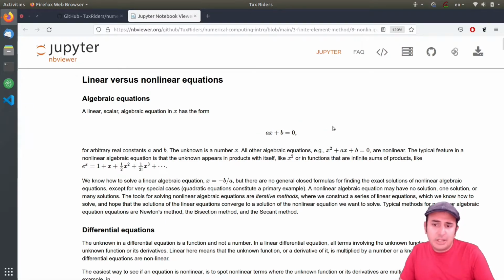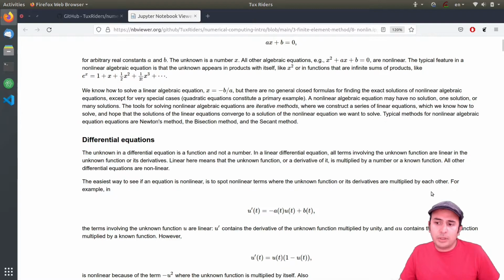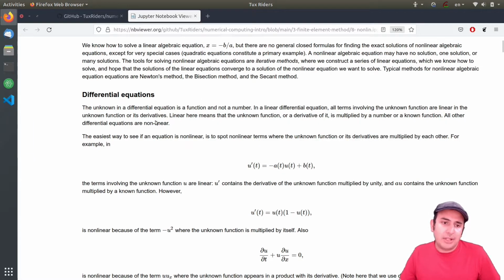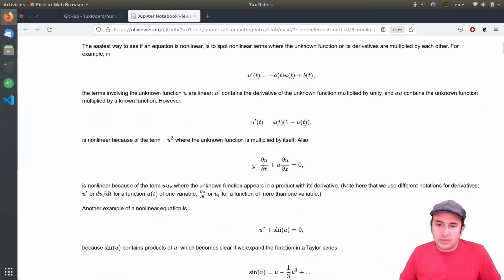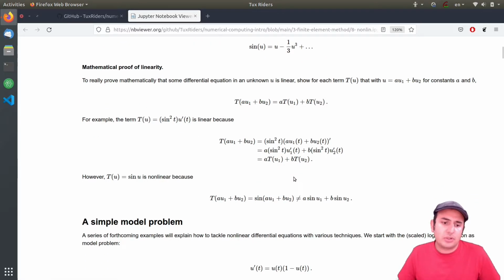So in a differential equation, if you have the variable multiplied by itself, or an unknown function or its derivatives multiplied by each other, then you have a nonlinear differential equation. So something like this or this. And this is also nonlinear because this is sinusoidal. The sine function can be expanded to a Taylor series, and you can see that obviously this is a nonlinear one.